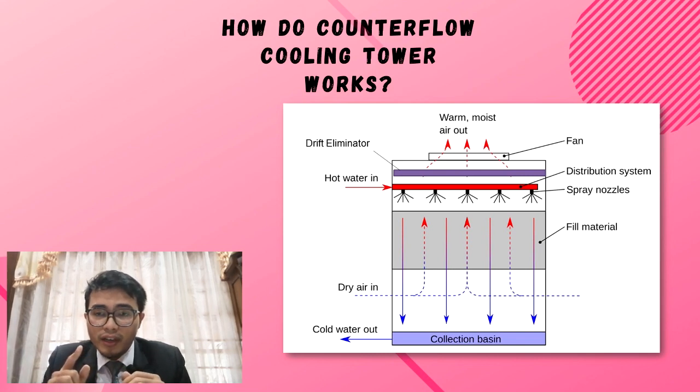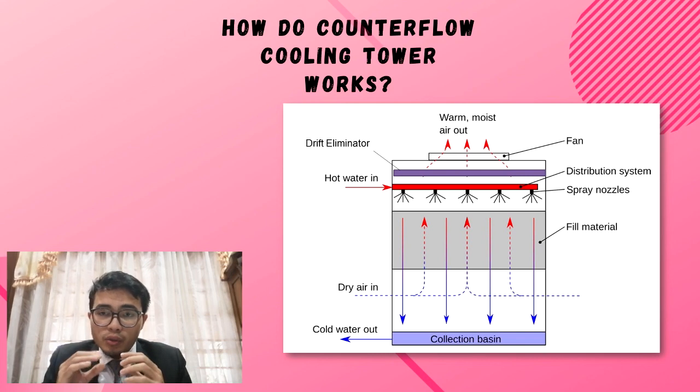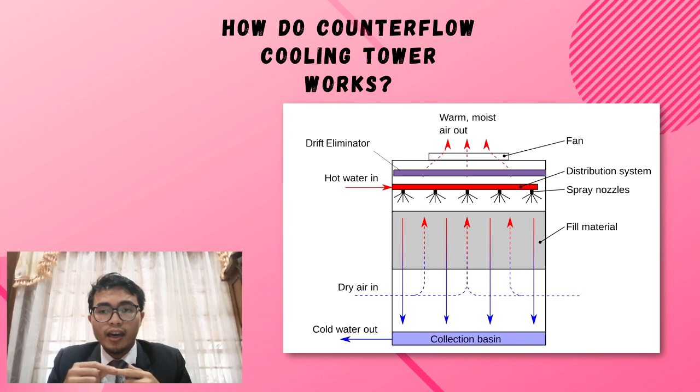As it reaches the drift eliminator located at the upper part of the distribution system, like I said before, the hot air will pass through, but the heavy water droplets will condense into water and be recollected at the collection basin at the bottom of the cooling tower. The white fumes that we usually see on the industrial side are what we call the hot water vapor.